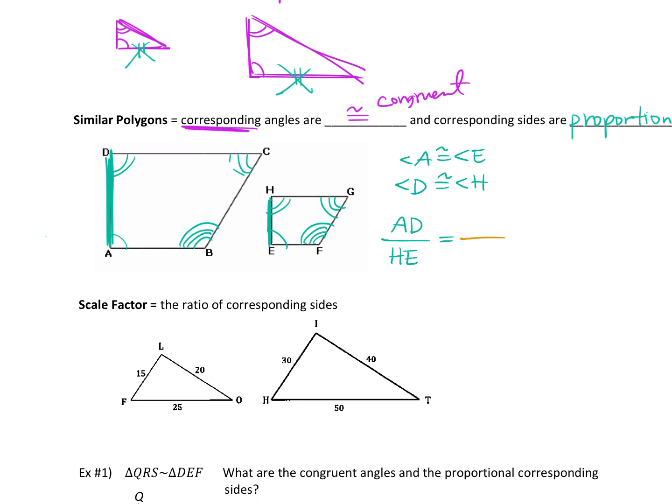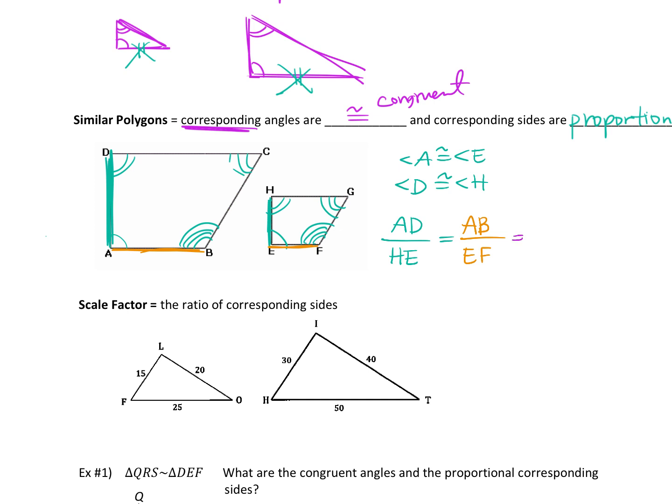If I started at AD and I went to HE, then I have to go back to that big figure, and all of my top numbers in my proportion should be from that first figure, okay? We don't want to flip that because then that's not a true proportion anymore. So if I moved to here, I would say AB corresponds to what? EF.